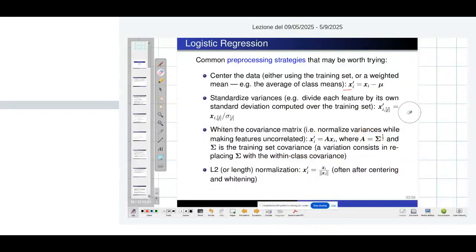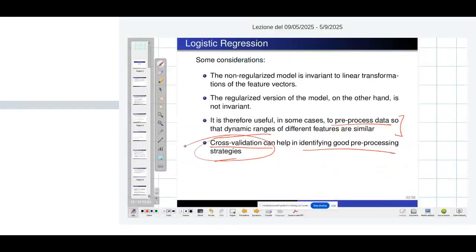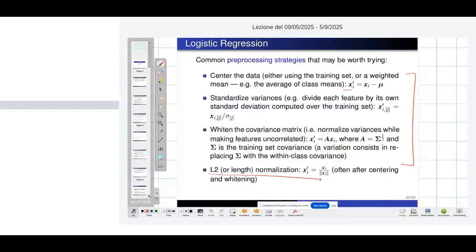Of course, which one should we use? Should we use one or all of them? That depends on the data. So typically, it makes sense to try different combinations and then use cross-validation. We may also use PCA to reduce the dimensionality. Applying PCA, we throw away directions that are not important. That helps. Maybe we can obtain good results without having to regularize. Regularization, remember, is there to bring us solutions that are simpler.